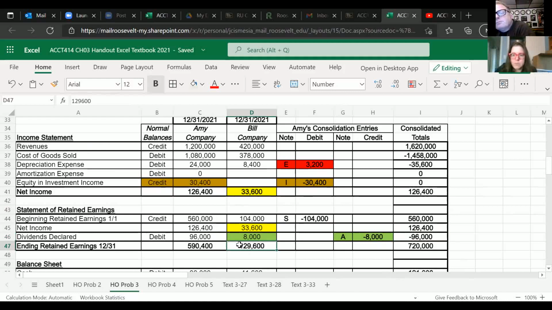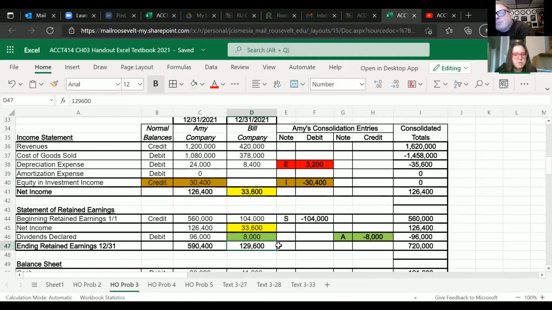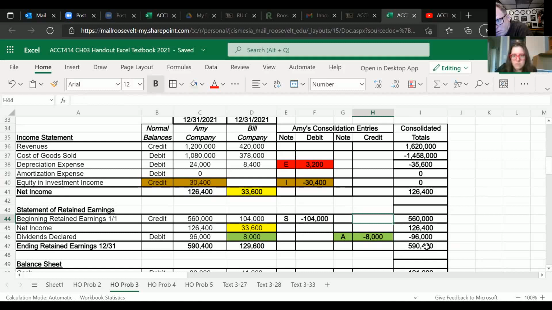Was I supposed to take out the 129,600 from the Bill company? Yeah, that's all gone. So basically the only thing left is the parent company retained earnings, 590,400.